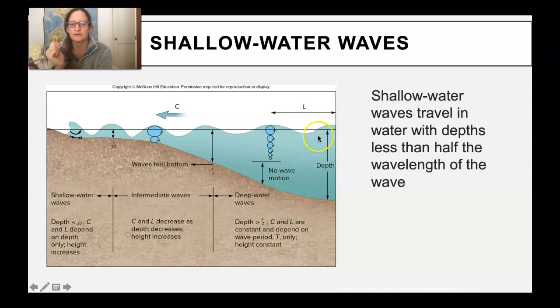So see here, out at sea we have this long wavelength, then intermediate waves, shorter wavelength, and the wave gets higher. There's a point where that wave is going to tip over, and those are breaking waves. So now we're coming into the shoreline, and the height is going to increase until it topples over.